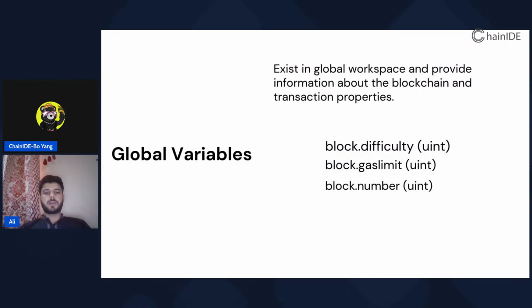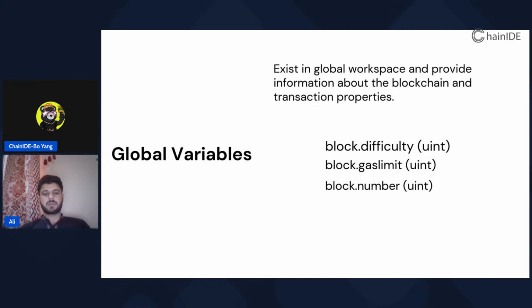We have global variables also. Global variables tell the information about the blockchain. For example, if we want to know the difficulty of the blockchain, we will use block.difficulty. This is a global variable which is used to know the information about the blockchain.